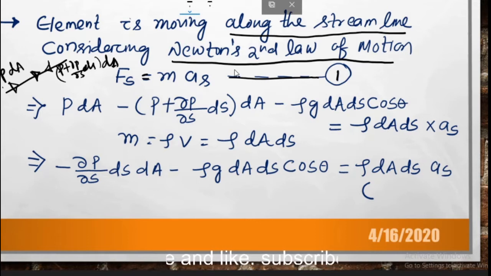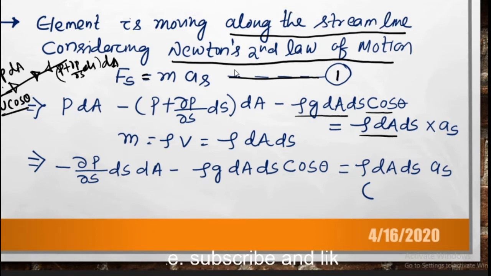So the equation is P dA minus (P plus del P by del S into ds into dA), minus the weight component W cos theta, equal to mass into acceleration.